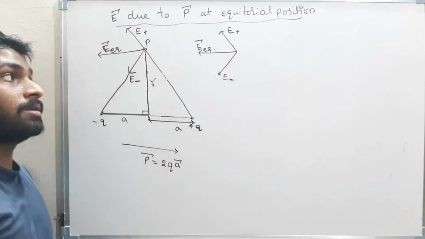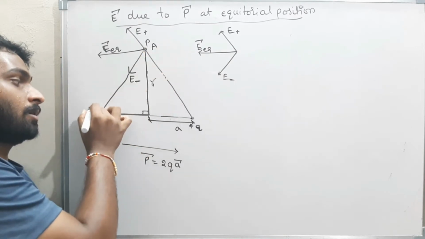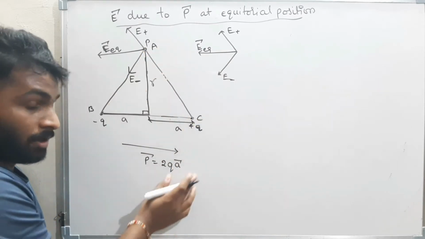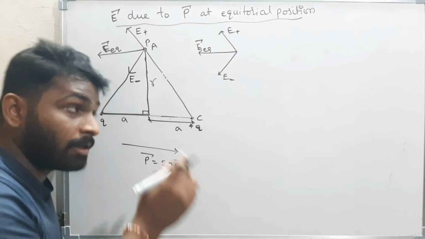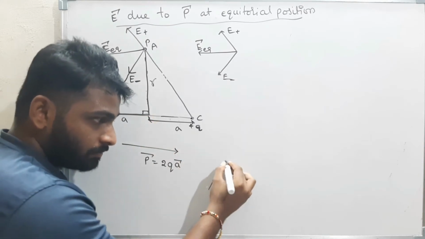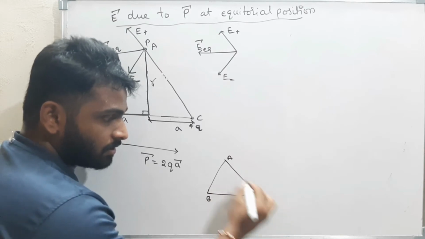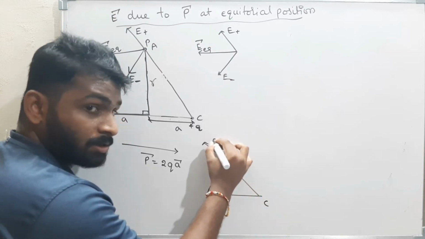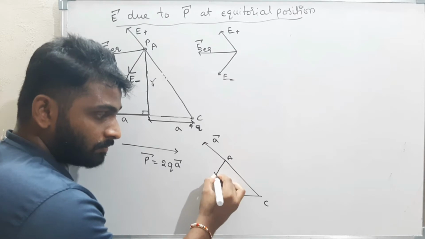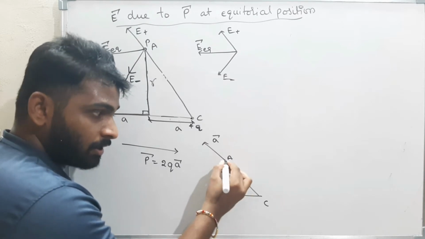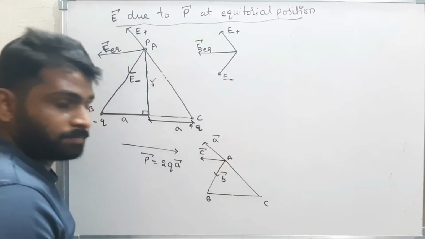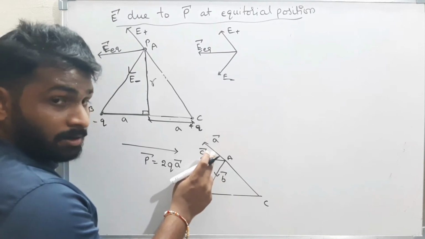Now how can I find that? A, B, C. In vectors we will study Lami's theorem. A, B, C. This is A bar, this is B bar, and this is C bar. Now this A bar is representing this side AC.